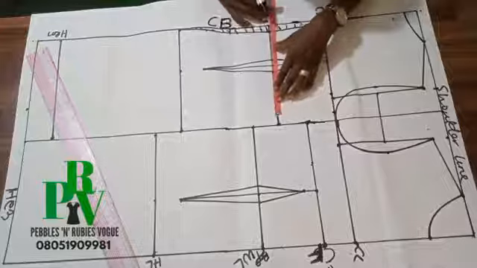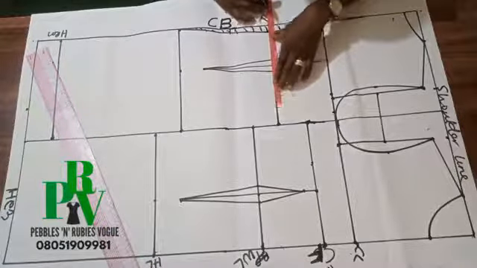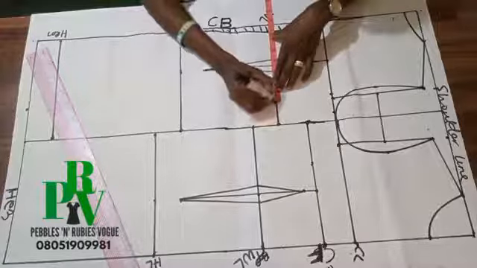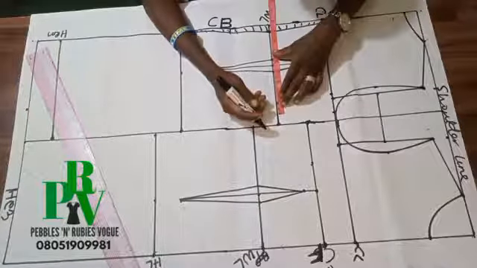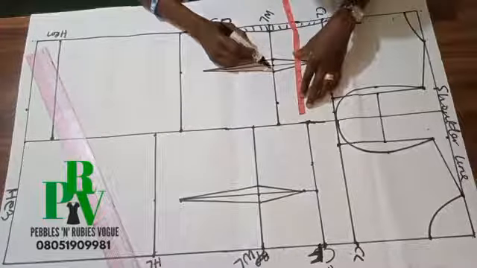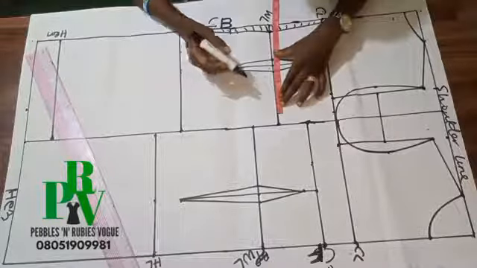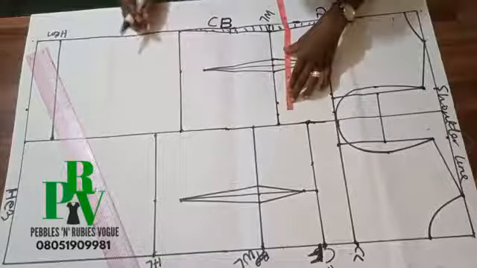And then the waist circumference is 30, divided by 4 is 7.5. So I'll mark my 7.5 plus 1 inch dart allowance. You know, 0.5 here, 0.5 here is 1. So I'm adding 1 inch to the waist measurement.